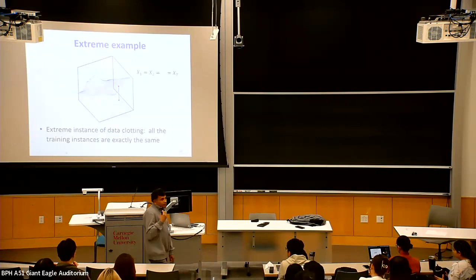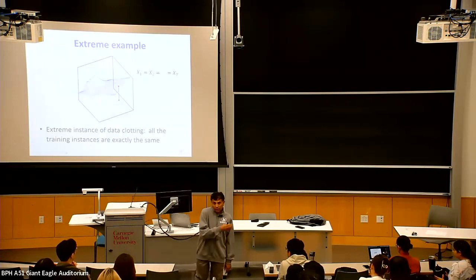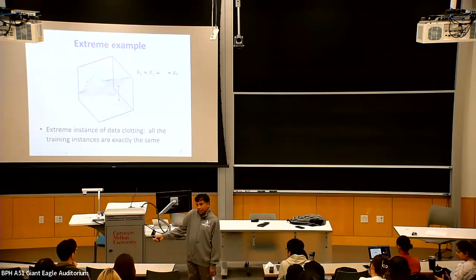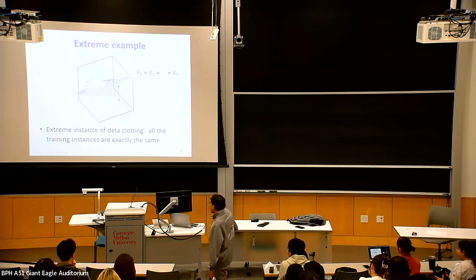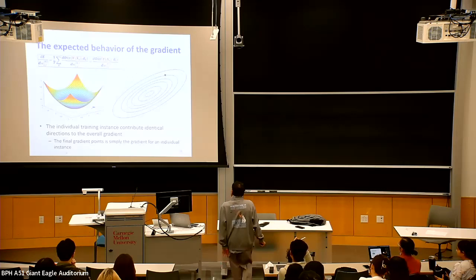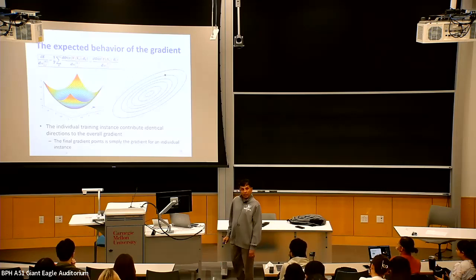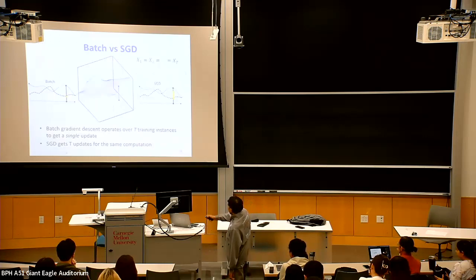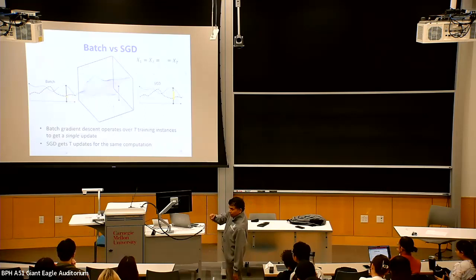So what happens when I first perform a batch update? I process the entire lot and make an update. I could have saved myself that effort. So here, the average is simply going to be the same as every one of these guys. And therefore, if I just do a batch update, after a single pass through the data, you're going to make a single correction, like the figure shown to the left.